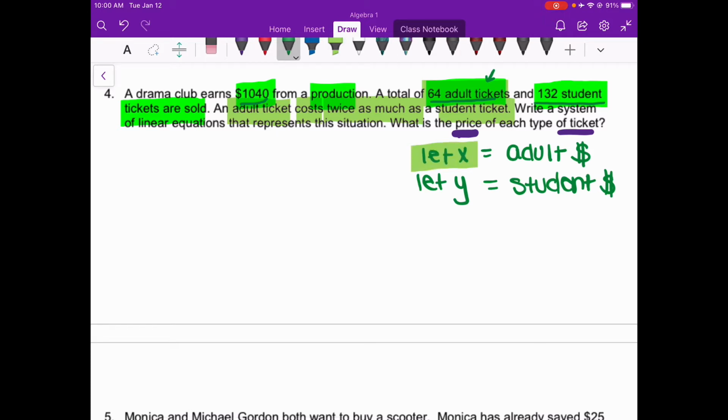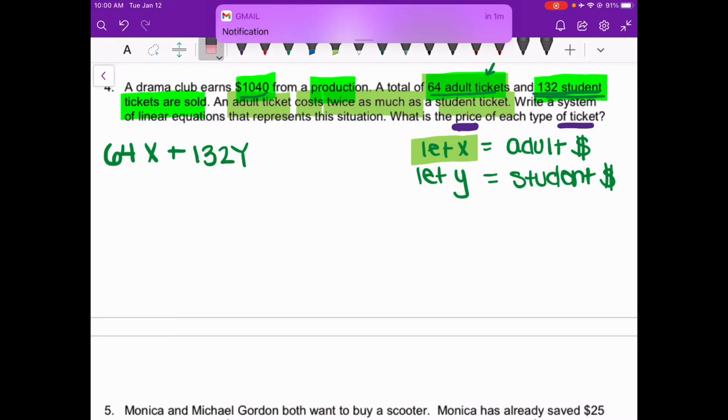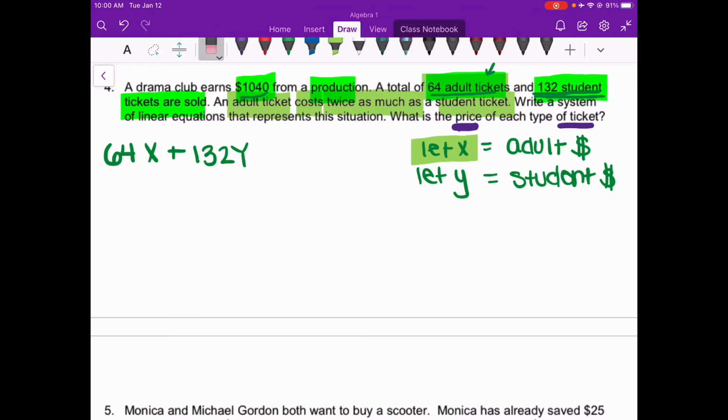So 64 times X plus 132 students times the cost per ticket Y. So plus 132Y. Let's just set that equal to the total, which is 1,040.